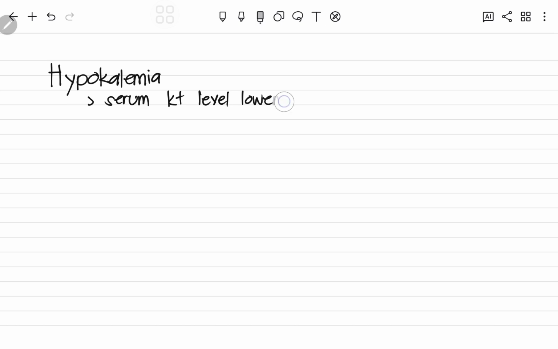Okay? So when it comes to the ranges in your normal values, nagkakaiba-iba. But when it comes to potassium, it's always precise. So far, wala tayong nakikitang higher than. Okay? So hypokalemia is a condition wherein your serum potassium is lower than 3.5 milliequivalent per liter.